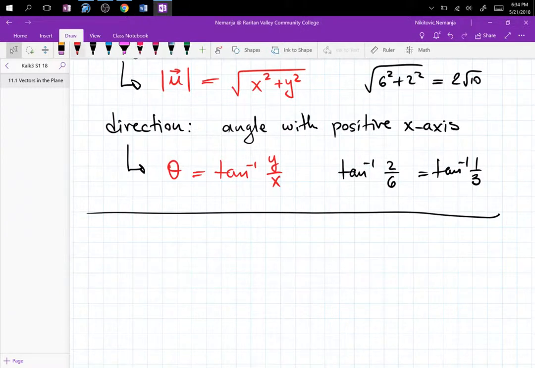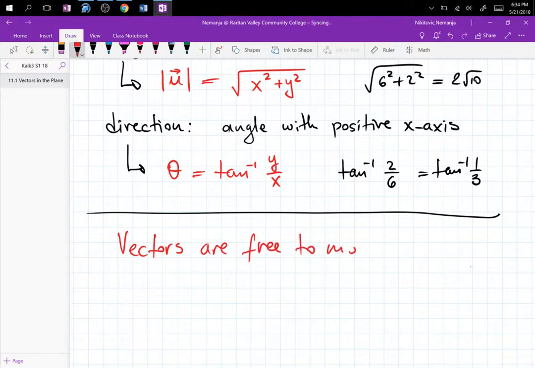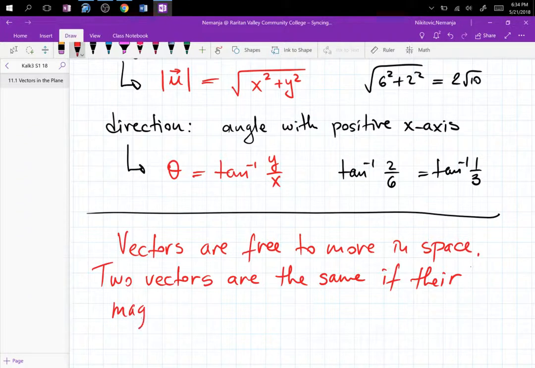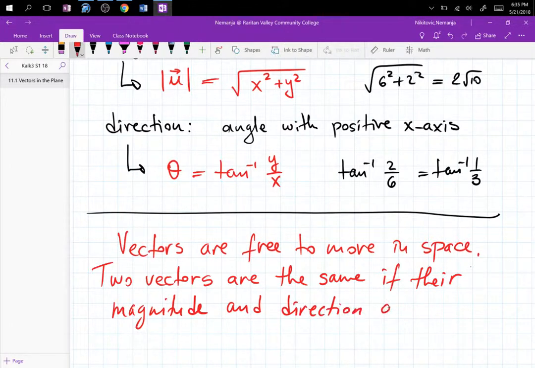Now, very important to understand that vectors are free to move in space, and that two vectors are the same if their magnitude and direction are the same.